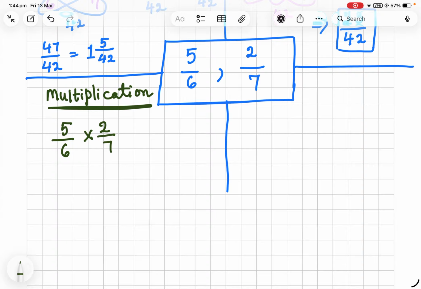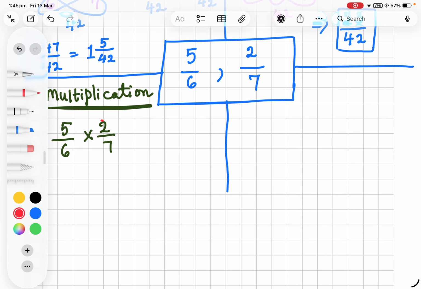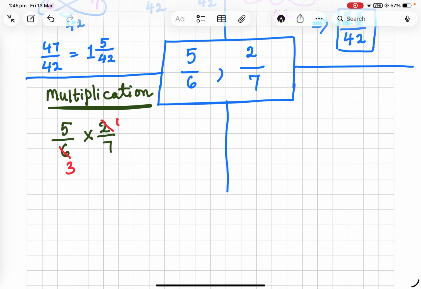Under multiplication rules, we usually simplify numerator and denominator. In this case, you can also cancel a numerator of one fraction and the denominator of the other fraction. For example, 2 goes into 6 three times.